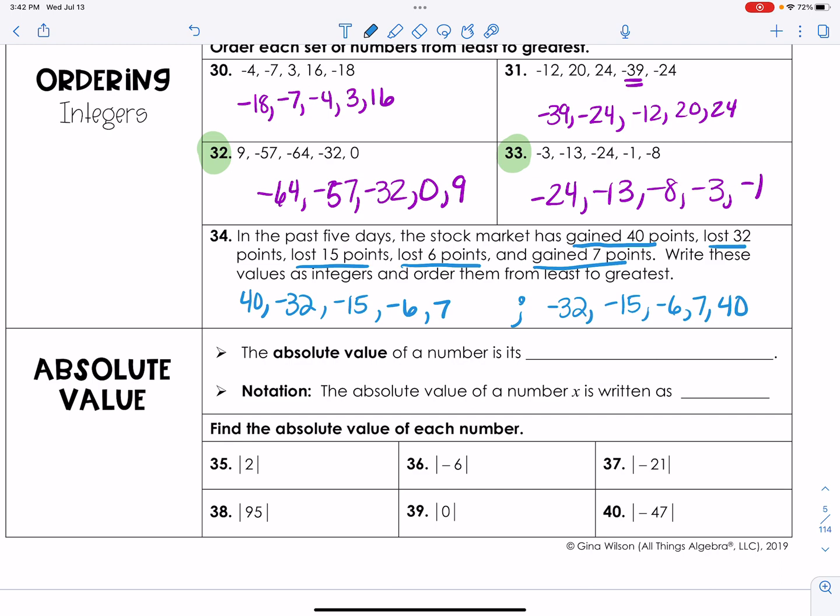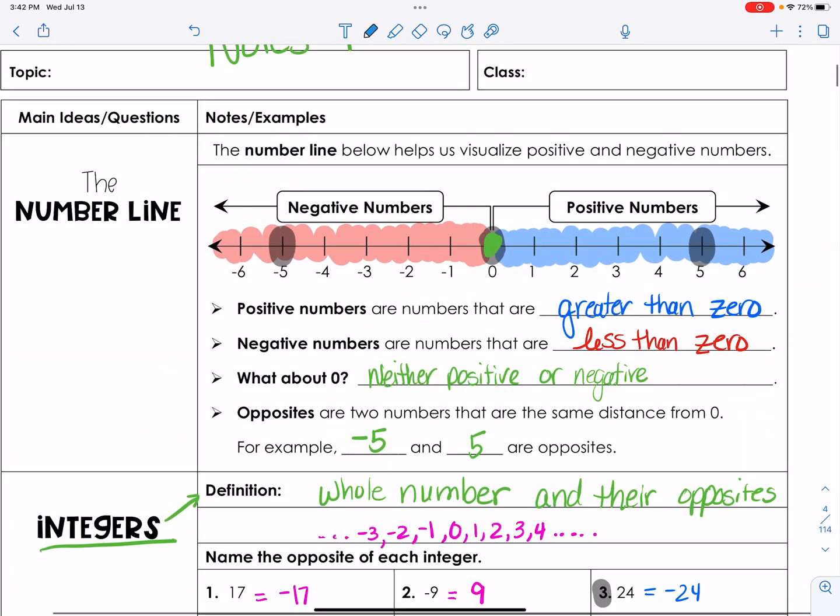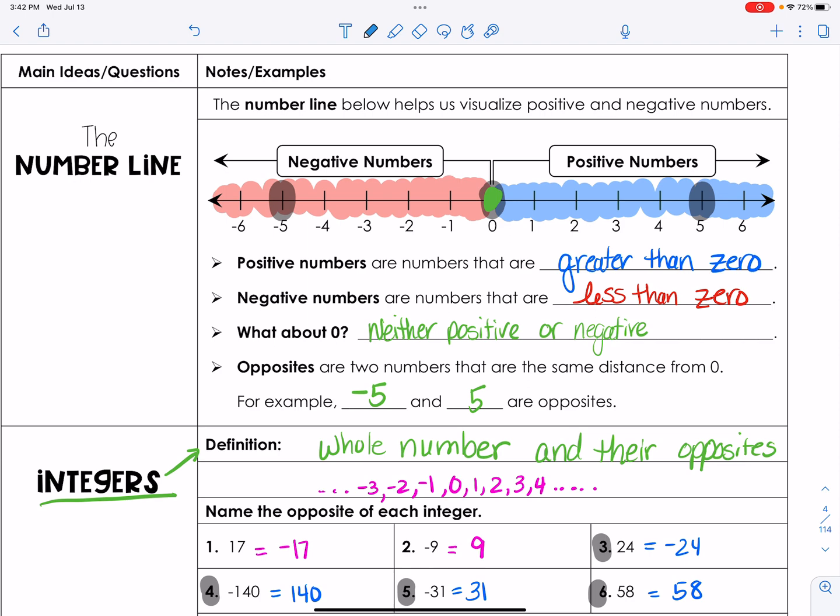All right, so finally, we're going to talk about absolute value. An absolute value is the distance to 0. If I come way back up here, if I did the absolute value of a negative 5, how far is that if I walked?